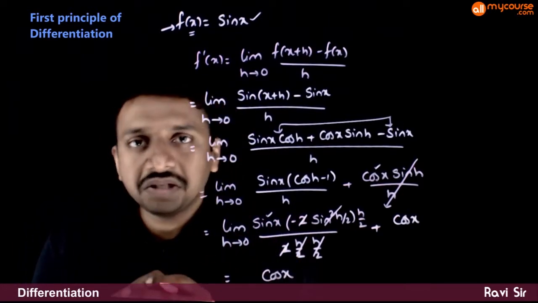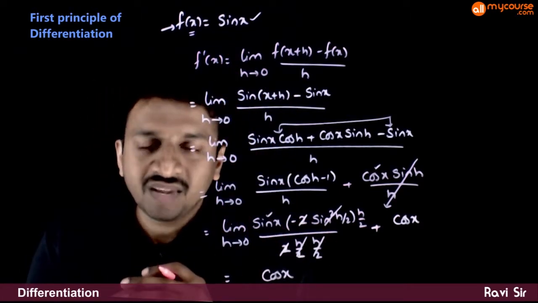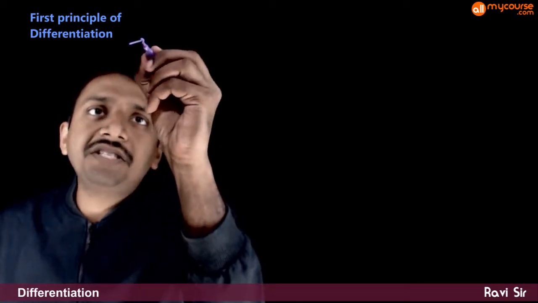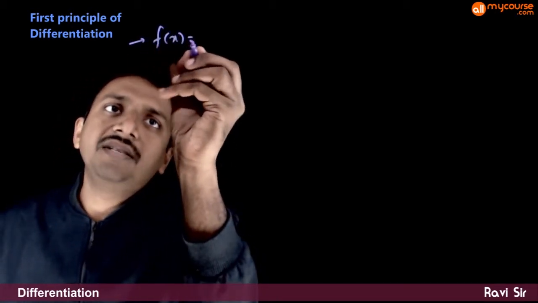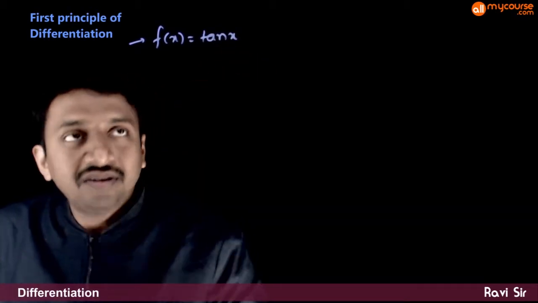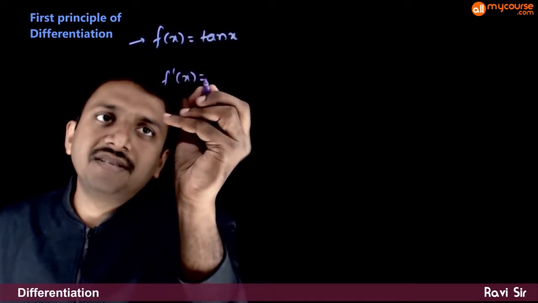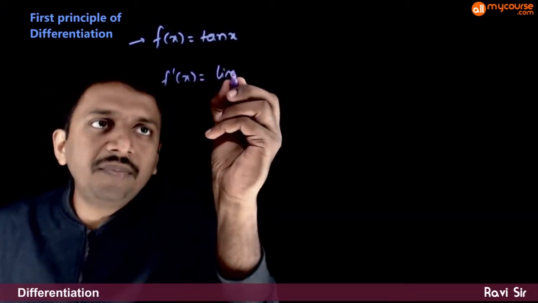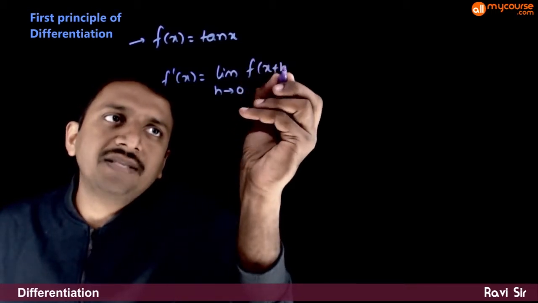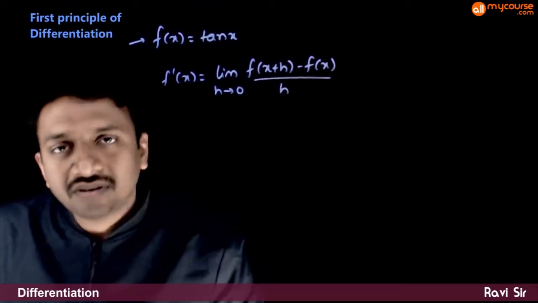A similar derivation can be done for differentiation of cos x also. I would encourage you to do that. Next, let us try to differentiate f of x equal to tan x using first principles. If f of x is equal to tan x, f dash of x is equal to limit h tends to 0 of f of x plus h minus f of x, by h.